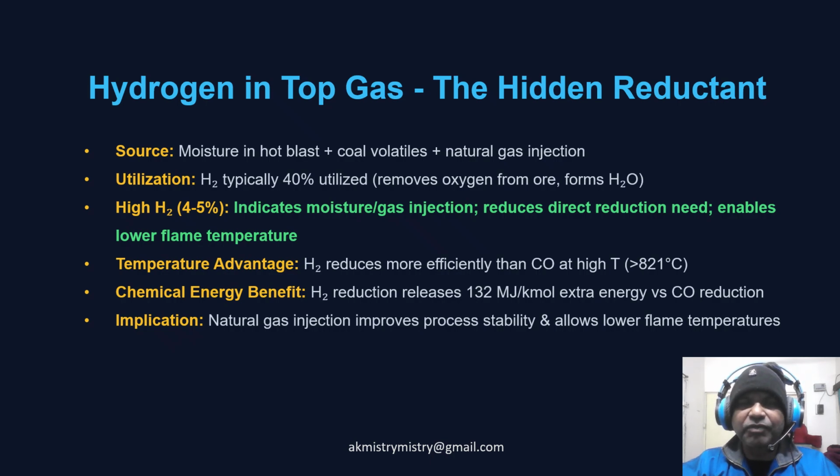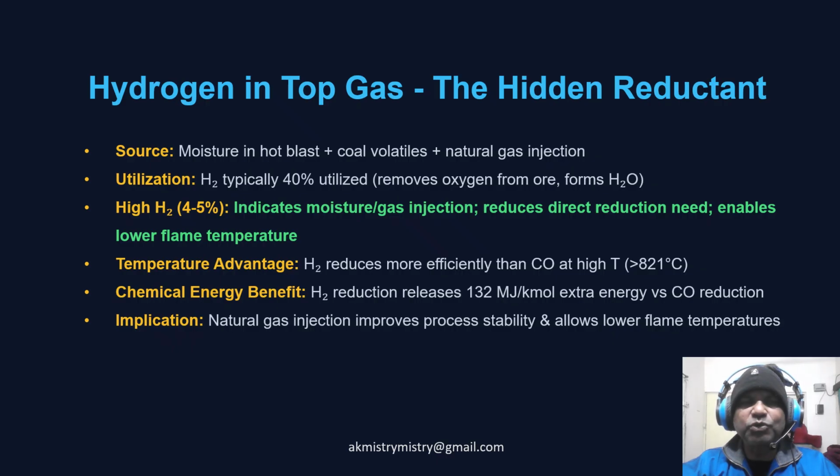When hydrogen levels are high, in the range of 4 to 5%, it usually indicates significant moisture or gas injection and allows some reduction work to be transferred from CO to H2, enabling lower flame temperature.